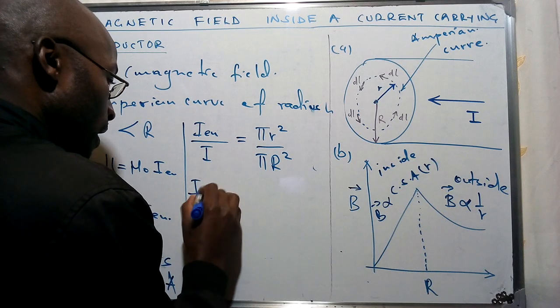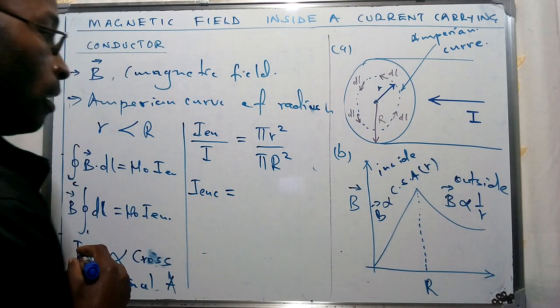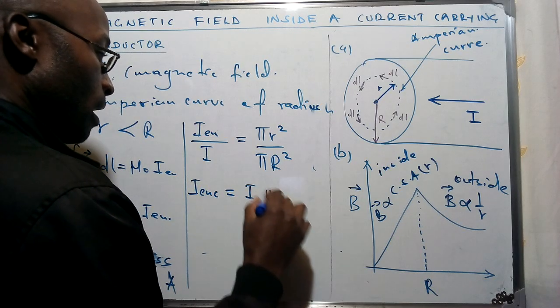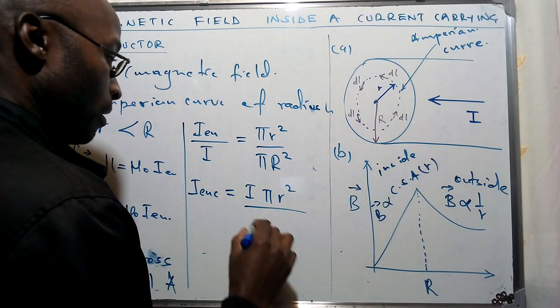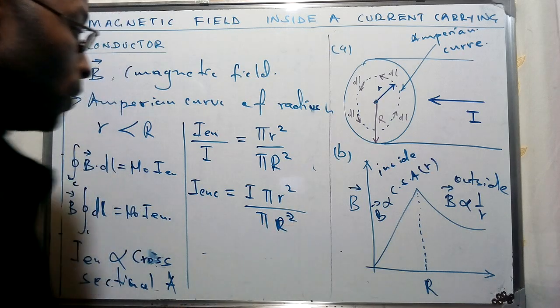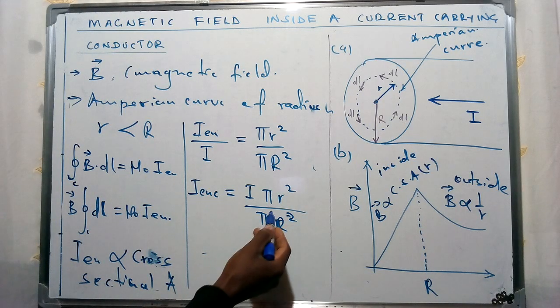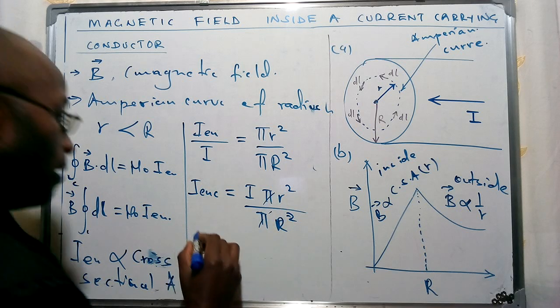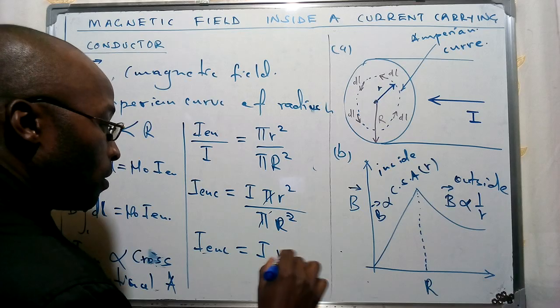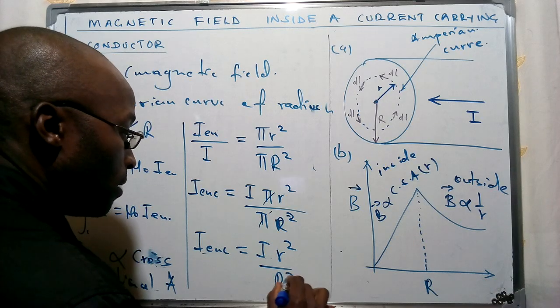Therefore, we can have the current enclosed as the subject of this formula, equivalent to the current times pi r squared, the small r, over pi capital R squared, given as such. So we can do a simplification of this specific relationship and find that the current enclosed is equivalent to the current times that specific ratio.